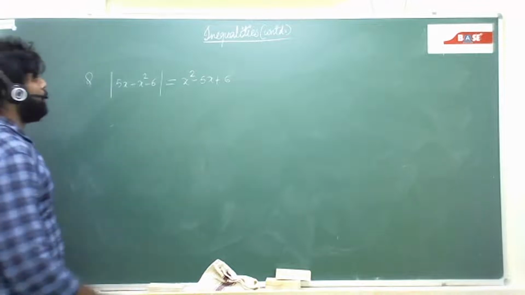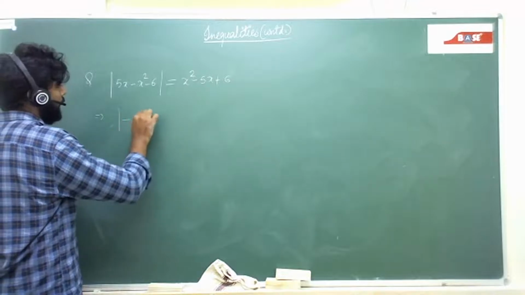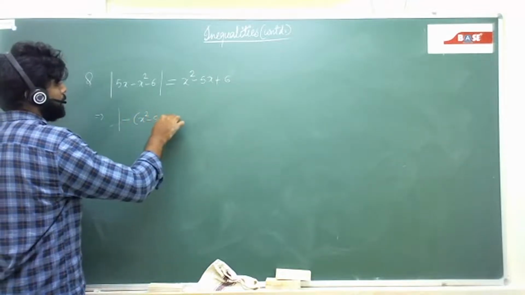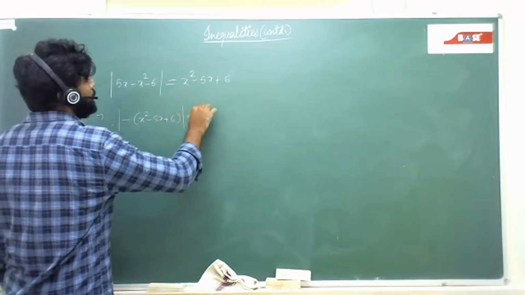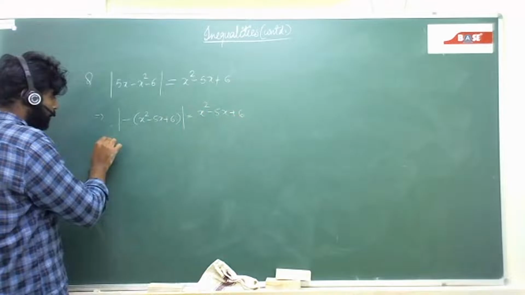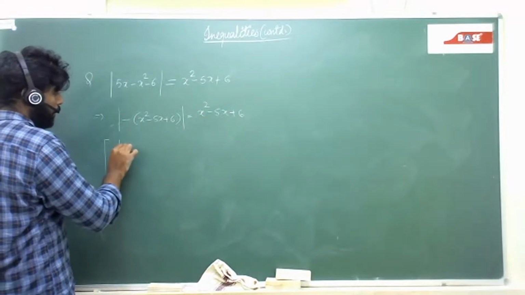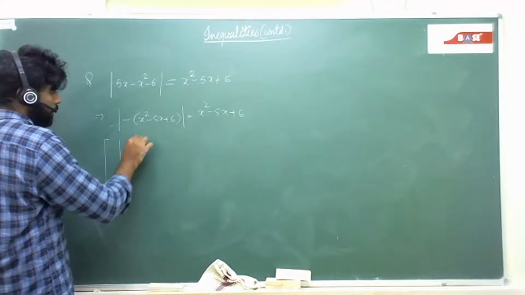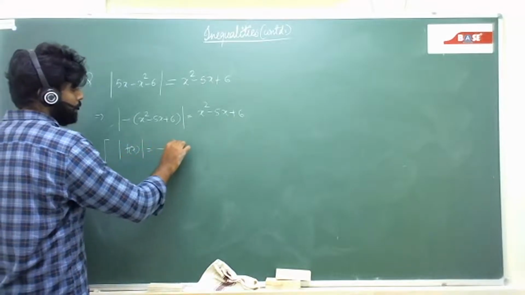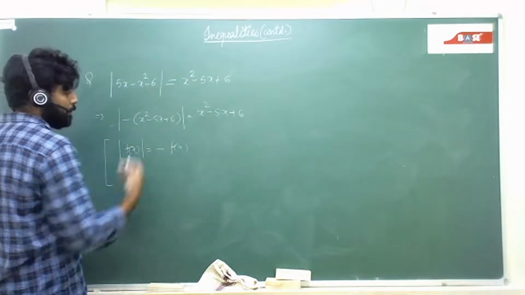If you look at it closely, it's the modulus of (−x² + 5x − 6), and that gives us x² − 5x + 6. Isn't it like the case where mod of f(x) is equal to minus f(x)? If you consider this whole thing as f(x), then minus of f(x) is that one.